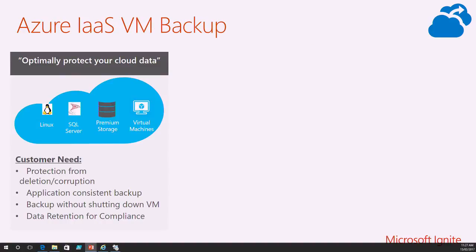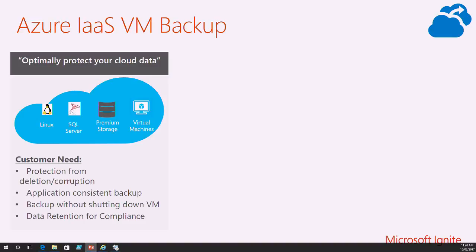All right, so let's drill down into the Azure IaaS VM backup scenario. In this scenario, we have our VM running in Azure, running our workload. Now, we need to protect that somehow. How do we protect that? Previously, you could install a backup server into Azure and then back up to that backup server. But that's going to be costly, because you're paying for the compute cost and the storage cost of that backup server.